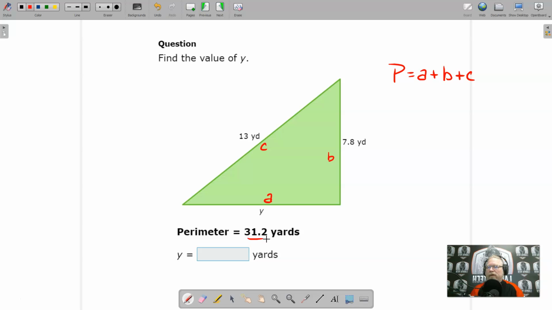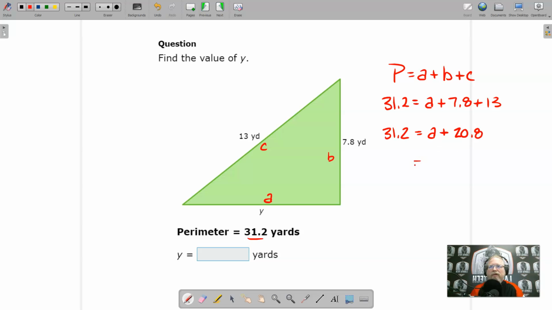So we do know that the perimeter is 31.2, so let's put 31.2 here for perimeter. Side A is unknown, plus side B is 7.8, plus side C is 13. So 31.2 equals A plus, now let's do 7.8 plus 13, which is going to be 20.8.